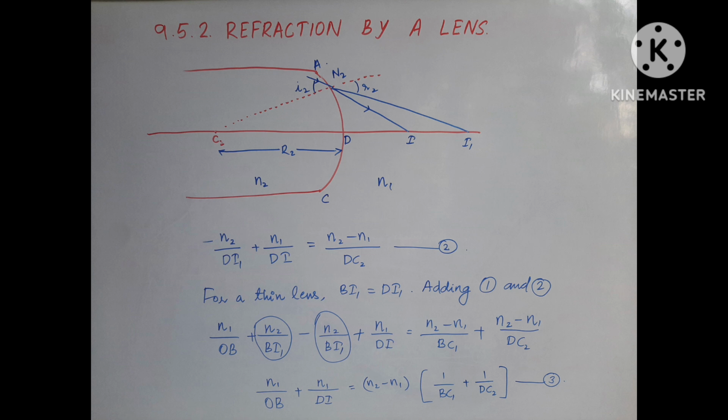On the left-hand side, we can take n1 as a common factor outside. That is a very simple procedure and you can do it yourself. And if you take this n1 to the other side, we get n2 minus n1 divided by n1. That is also very simple.